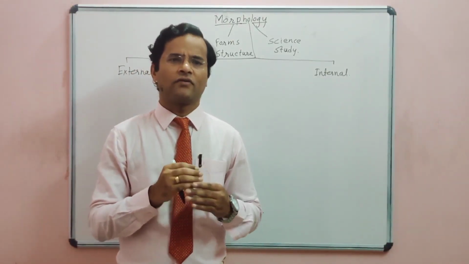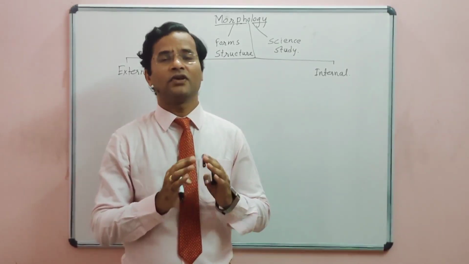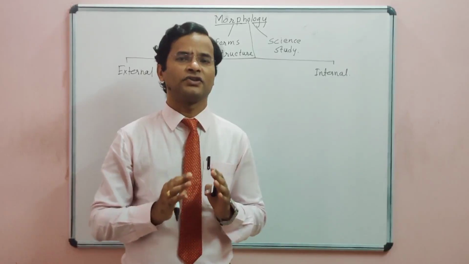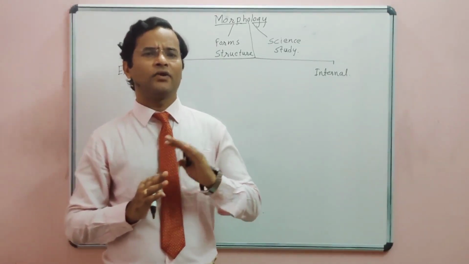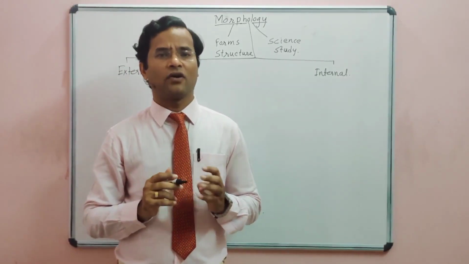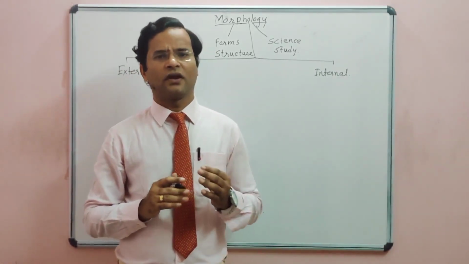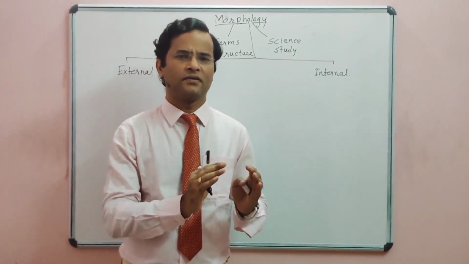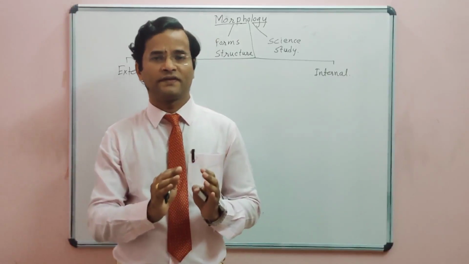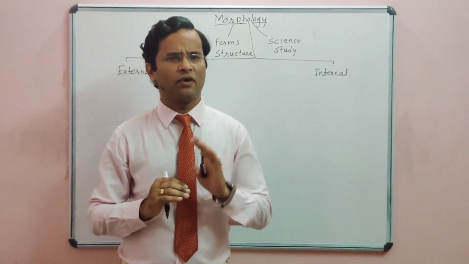External morphology is the study of external structure, or size, shape, color and relative position of different organs or organisms. We observe externally how it is, what the shape is, what the size of that organ is, or what the color of that organ is, from the outer side.